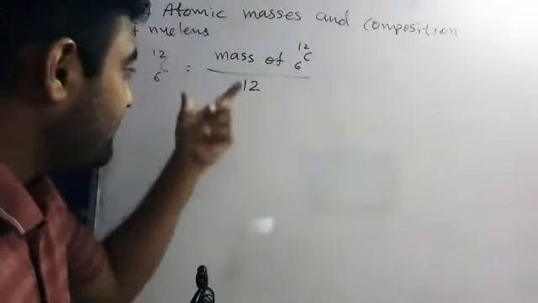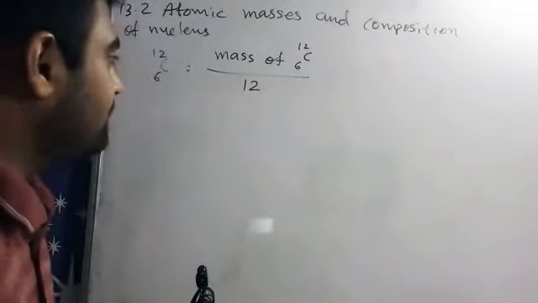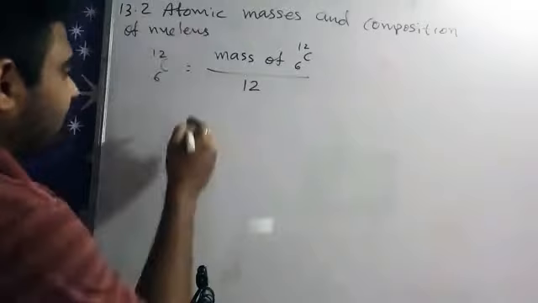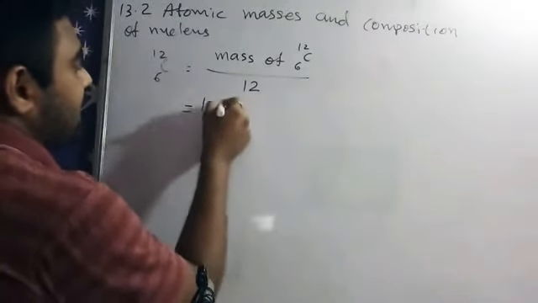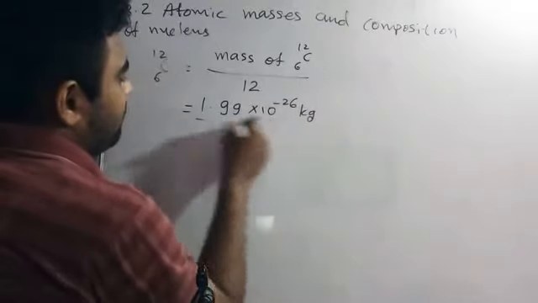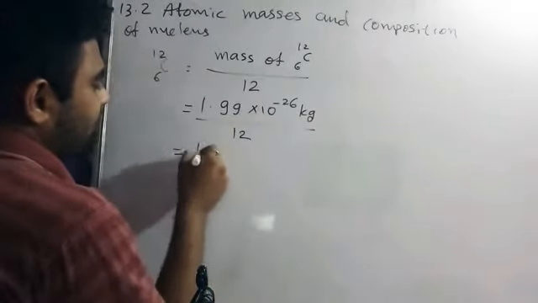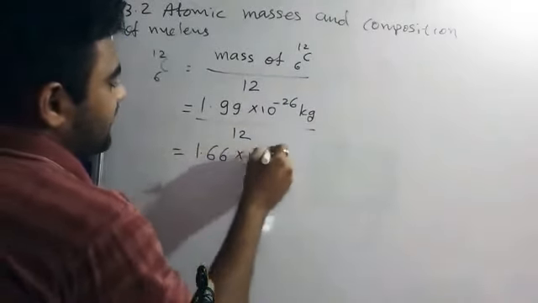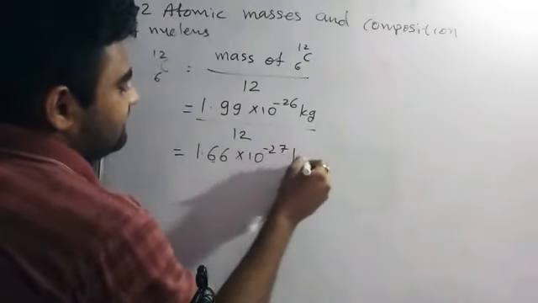For example, we have 1.99 into 10 raised to minus 26 kg upon 12. The answer will be 1.66 into 10 raised to minus 27 kg.